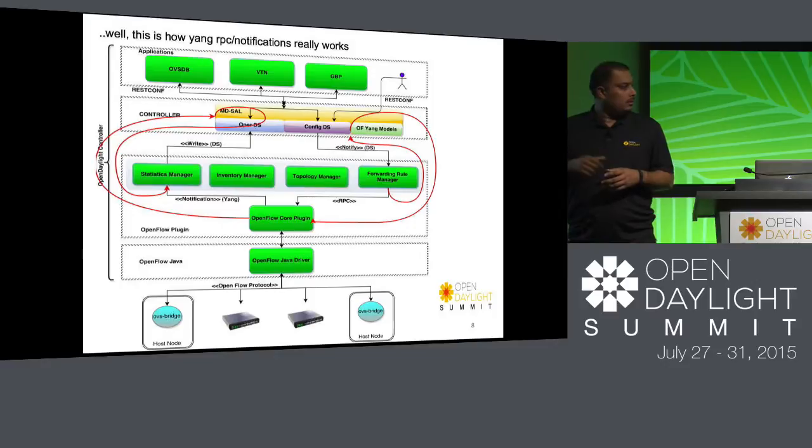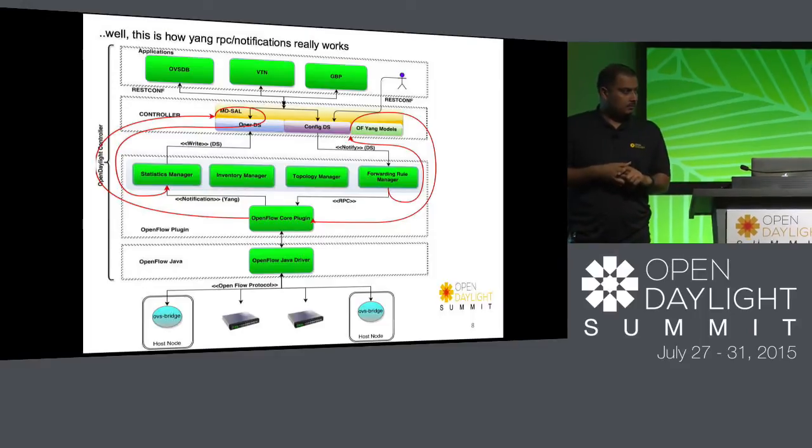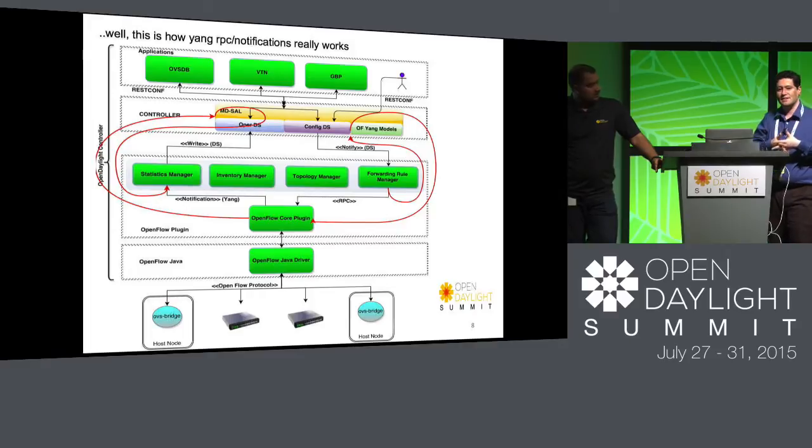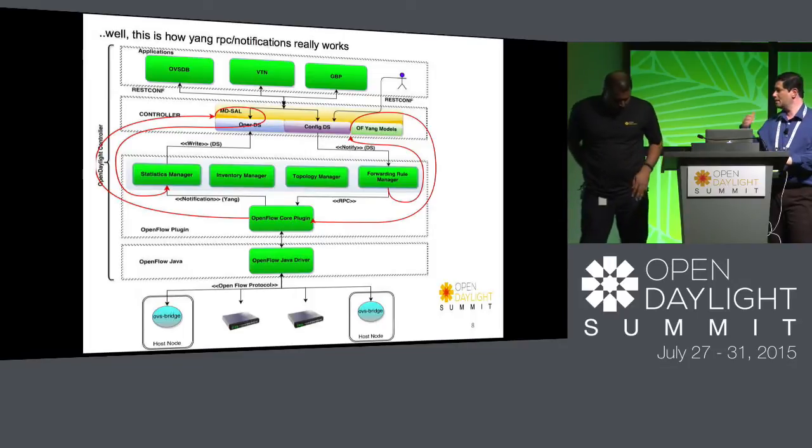Let me just quickly add to your answer. I think what you're asking is what we do with the table features request, and how we handle it. In Lithium, we have added a feature where, when the switch gets connected, we send an empty-body table feature request, and when the response comes back, it gets populated into the inventory manager, into the inventory.